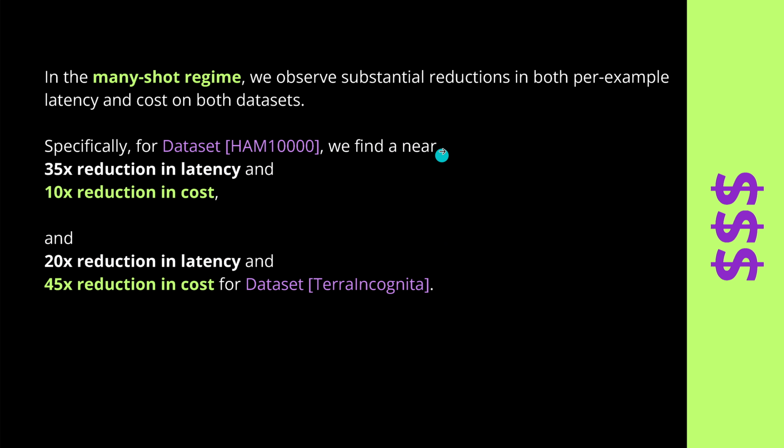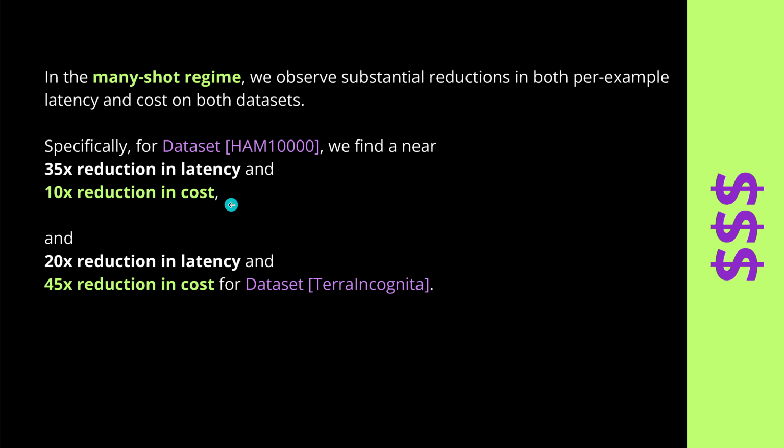However, if they now look at the many-shot regime, they observe a substantial reduction in both the per-example latency and the per-example cost. For this particular dataset, there is a 35 times reduction in the latency and a 10 times reduction in the costs in the many-shot regime.